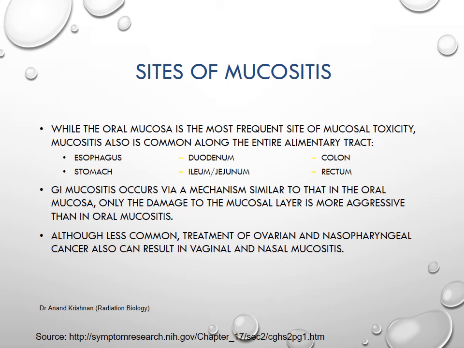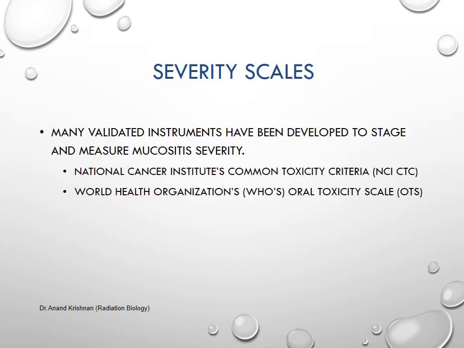The mechanism is similar to that of oral mucositis that we saw before. Although GI mucositis is less common, treatment of ovarian and nasopharyngeal cancer also can result in vaginal and nasal mucositis.